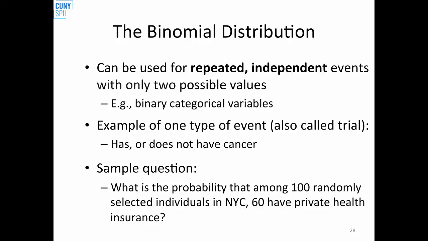This single event is also sometimes called a trial, and the series of events is also sometimes called a Bernoulli trial. So for example, what is the probability that among 100 randomly selected individuals in New York City, 60 of them have private health insurance?